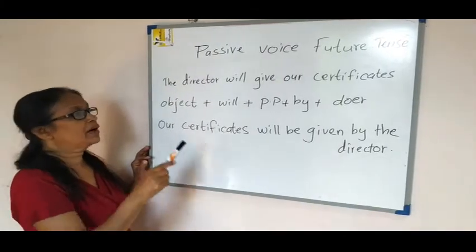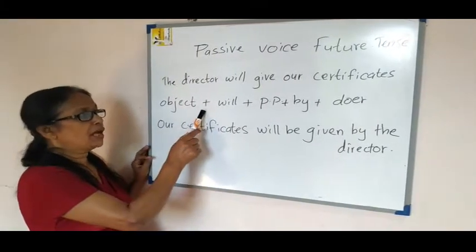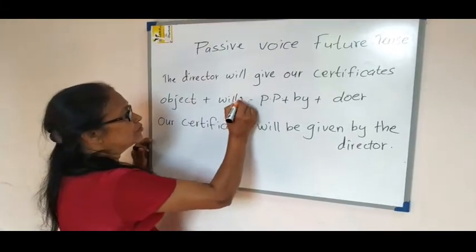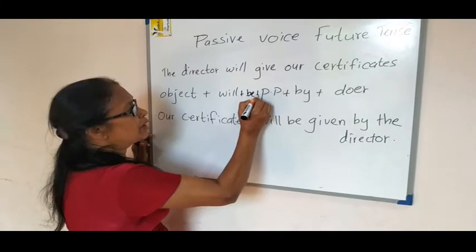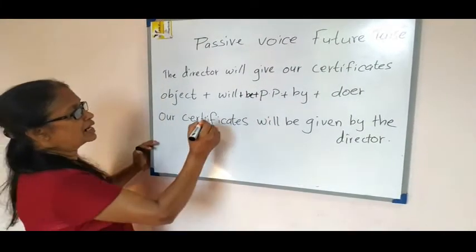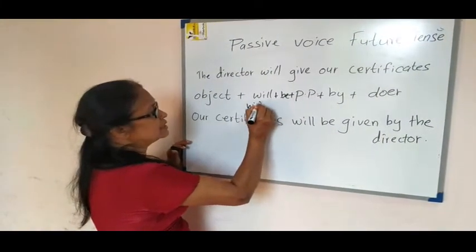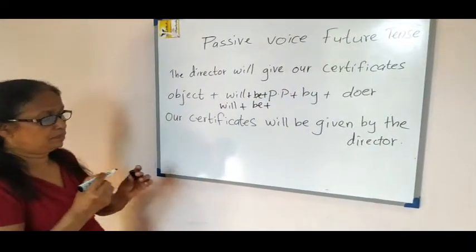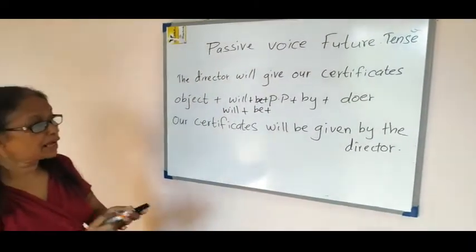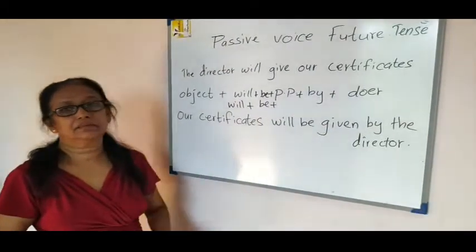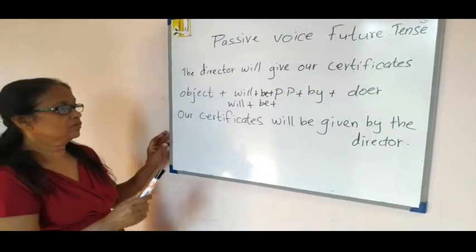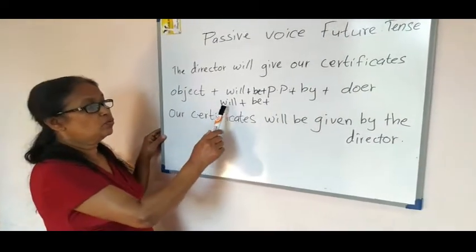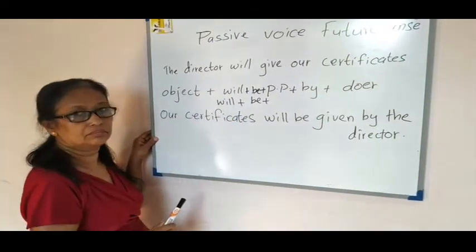Once again I remind, object plus will plus be plus past participle plus by, then doer. Okay, don't forget to put will plus be.